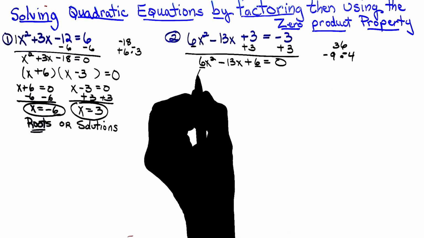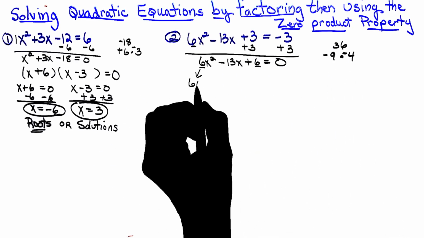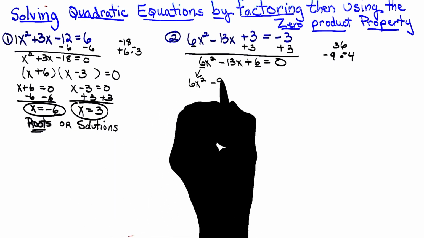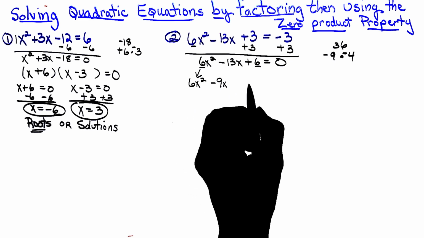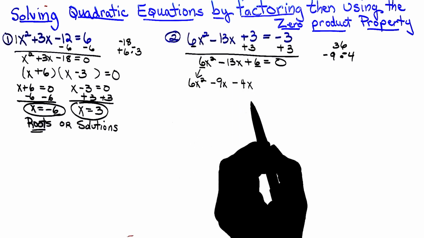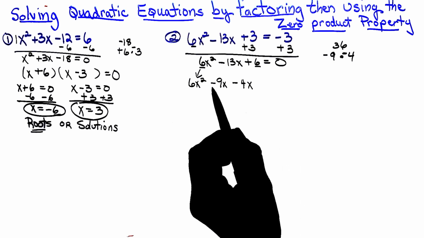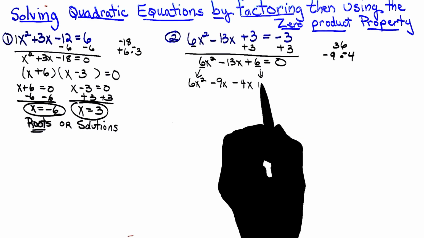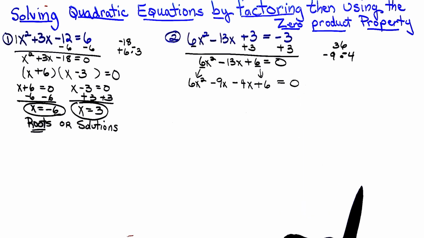So we are going to copy 6x squared down. We will now write our negative 9x and our negative 4x. Notice I'm saying negative, but I'm writing subtraction signs. And now we are going to just bring down our plus 6 equals 0.